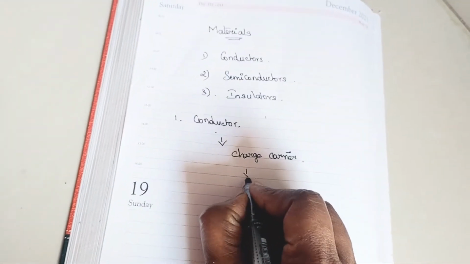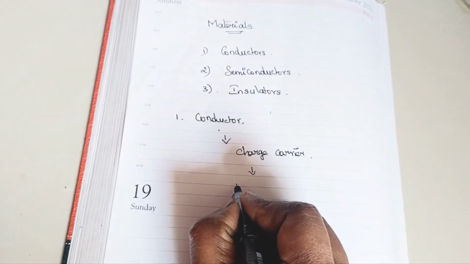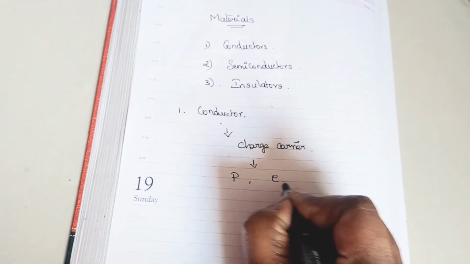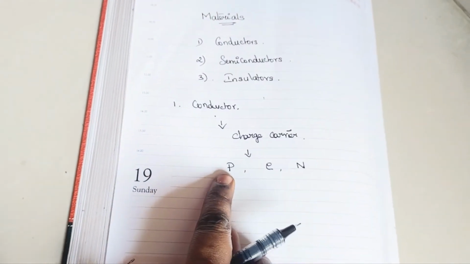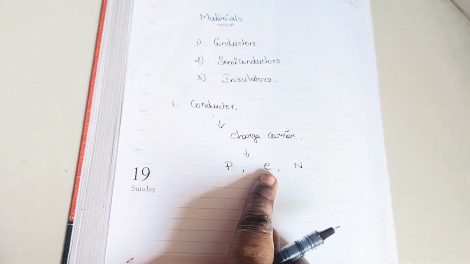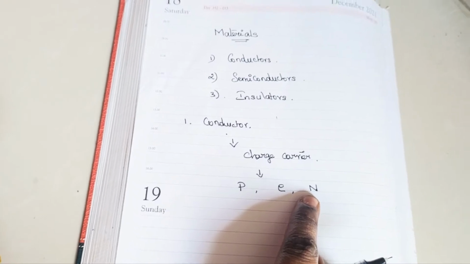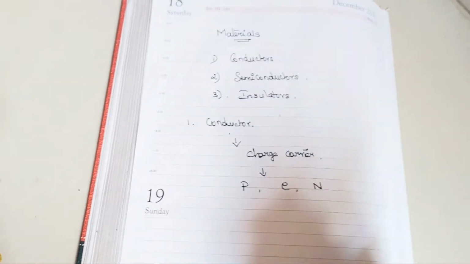Before that, what is a charge carrier? We know the three fundamental particles: proton, electron and neutron. P for proton, E for electron and N for neutron. We use a capital N for neutron, though we can use a small n also.